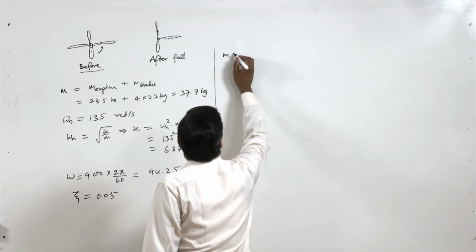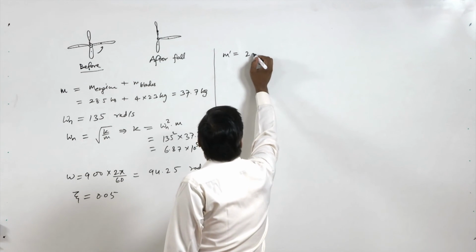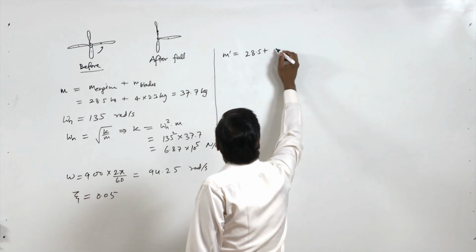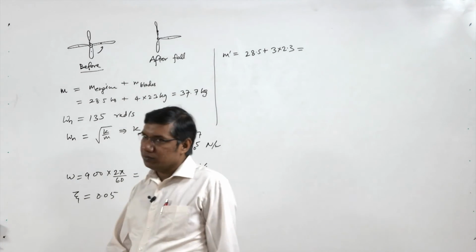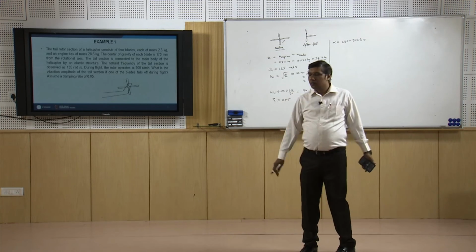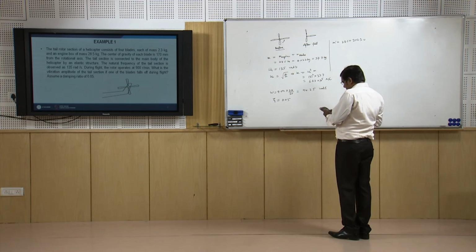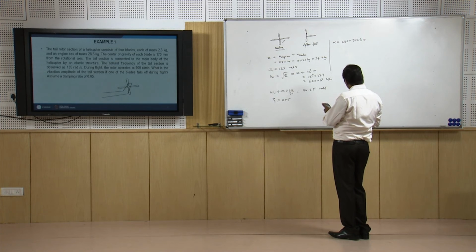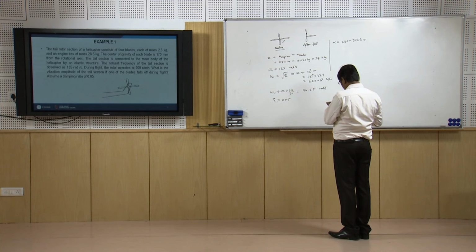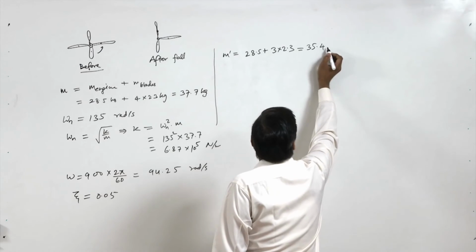So m is now the engine mass plus 3 into 2.3, because now we have only 3 blades, which comes to 35.4.